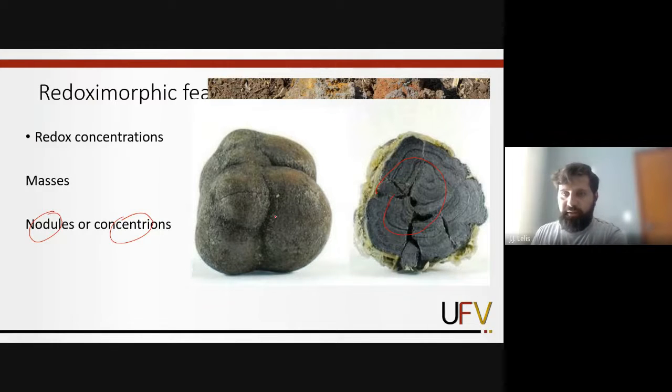If I can identify layers, like here, you can see layers here and here and here, so we have a concretion. And nodules don't have an internal pattern. So I cannot see layers in nodules, but I can see layers here in concretions.